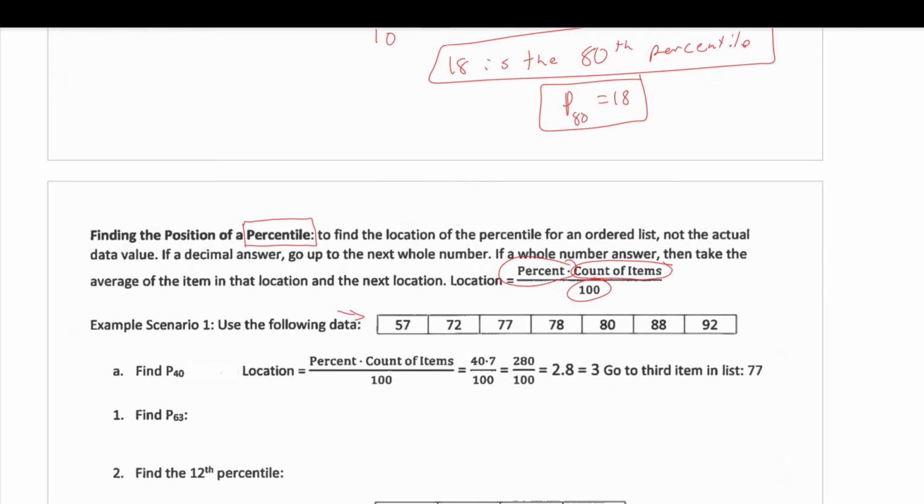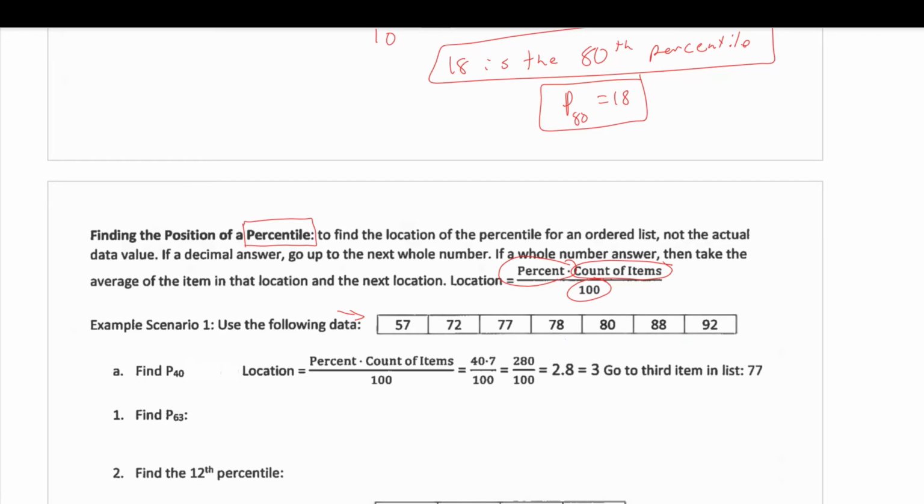Okay, if I'm looking for the 40th percentile, basically 40% of the way through this data set. If this is the line, it seems like 50% would be somewhere around here. Maybe 40% would be somewhere around there. Again, that's not very precise, so we have to do this.